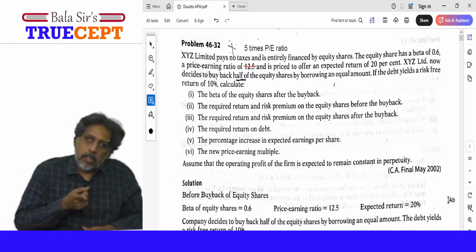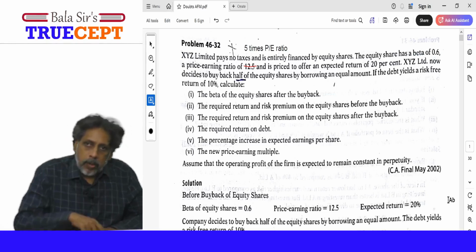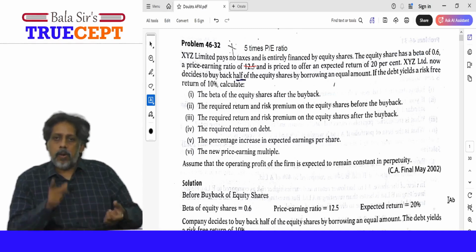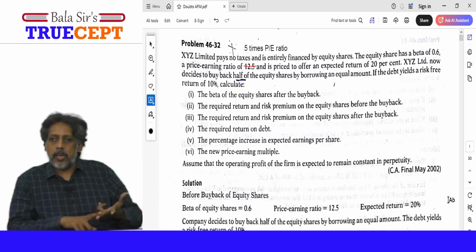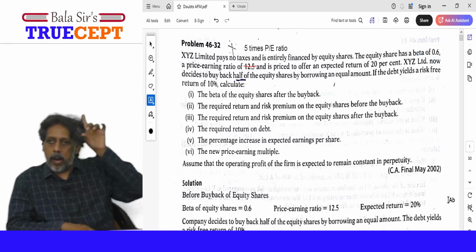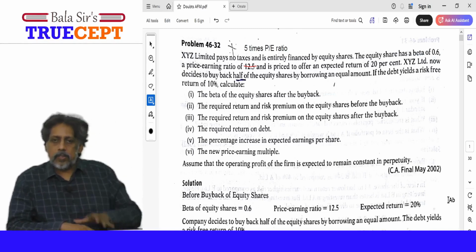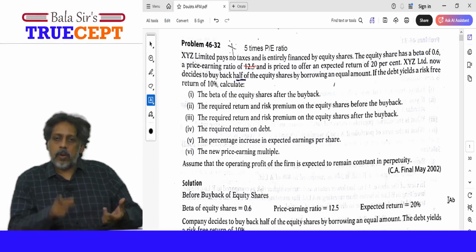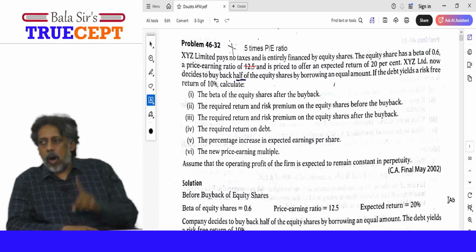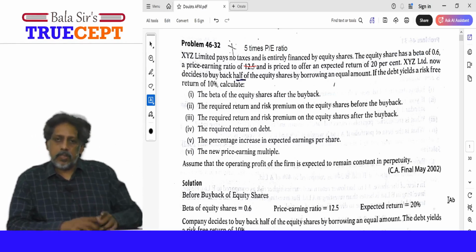Now, just see the other way around. Put the market price on top, 1 rupee, divided by EPS 0.2, and you should get your price earnings ratio. Market price by EPS: what is 1 rupee upon 0.2? It will be 5 times and not 12.5 times. Is that clear?